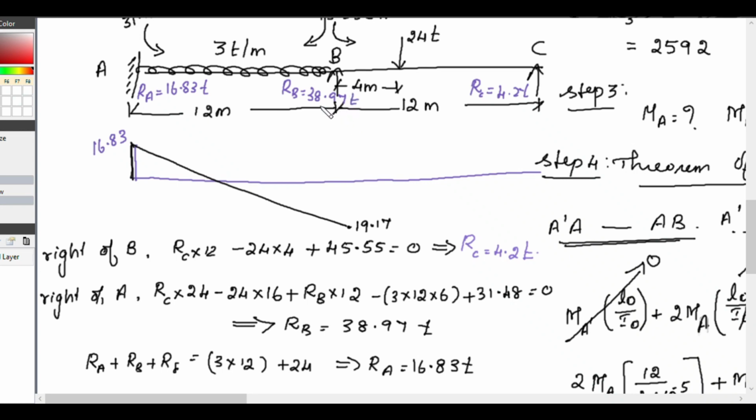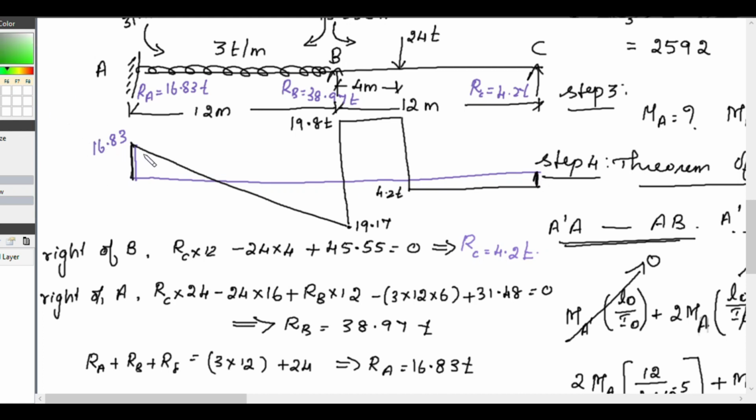At B we have RB is equal to 38.97. So minus 19.17 plus 38.97, we have 19.8 tons. Up to here we have no loads. After this we have a 24 tons load. So 19.8 minus 24, we get minus 4.2 tons. From this to this we do not have any load up to C. At C we have 4.2, so 4.2 minus 4.2 we get 0.